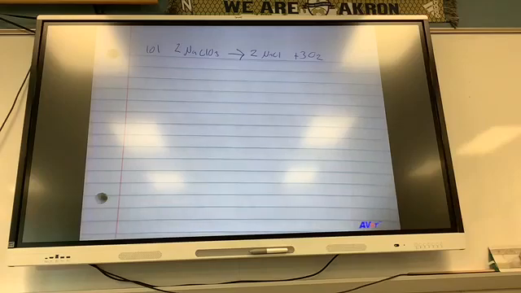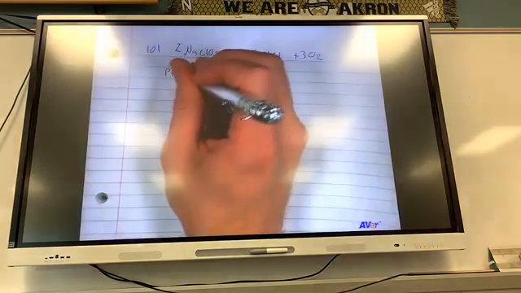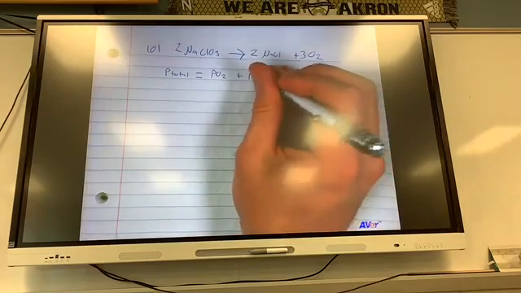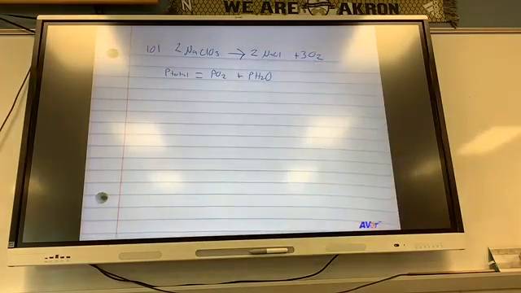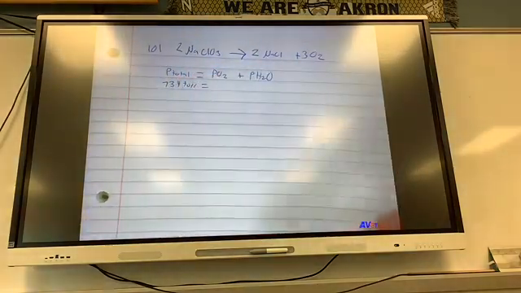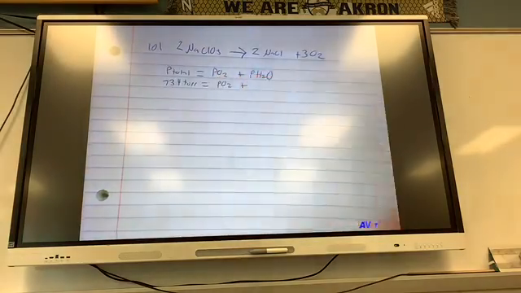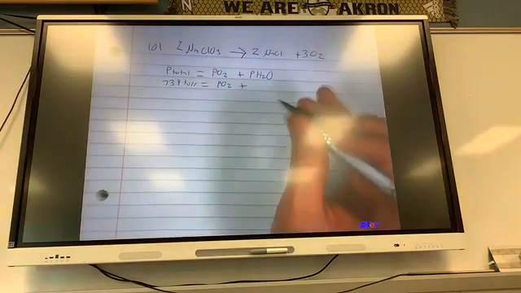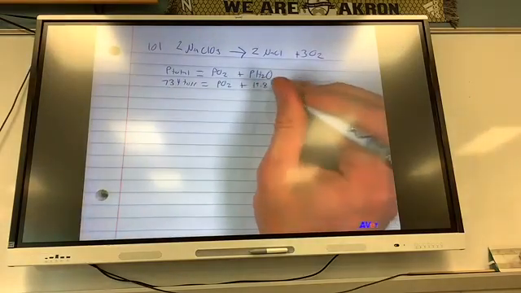So on this one, we know that P total is going to equal PO2 plus PH2O. Agreed? Did they give me the total? They did. 734 torr is equal to, they did not give me oxygen, but they did give me water, which was 19.8 torr.